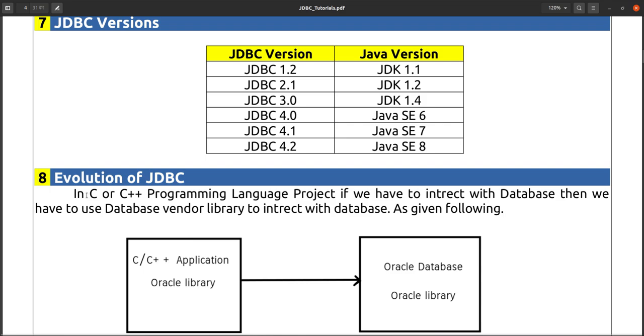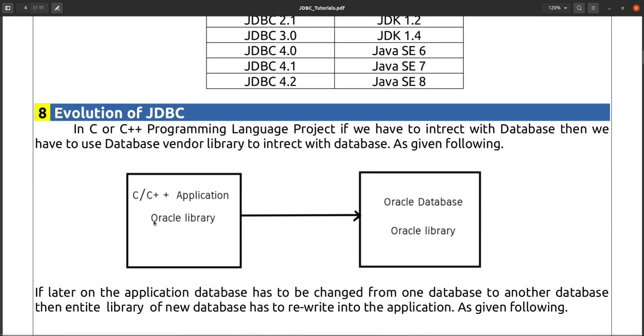Now if we look at the evolution of JDBC, suppose we take the example of the C or C++ programming language. If you are developing an application using C or C++ and you have to use a database, you have to use the database library in your application. There is no other way to communicate with the database externally.